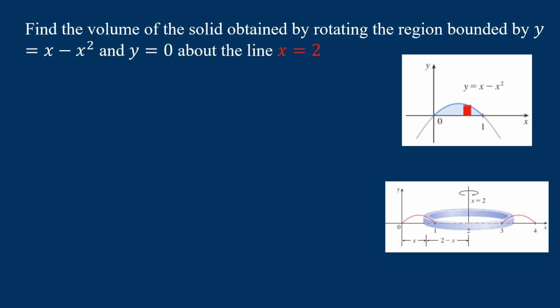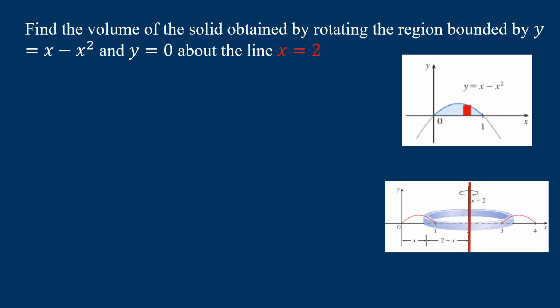That's the vertical rectangle rotated about x equals 2, and it creates a shell. But here's a challenging part: finding the radius is very challenging, guys. So how are we going to think about this radius?